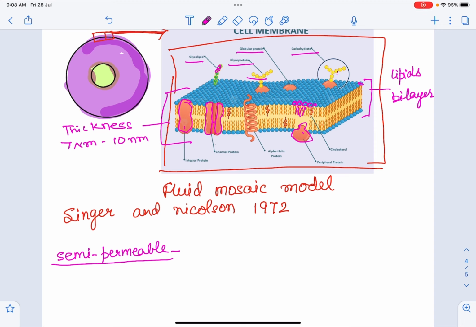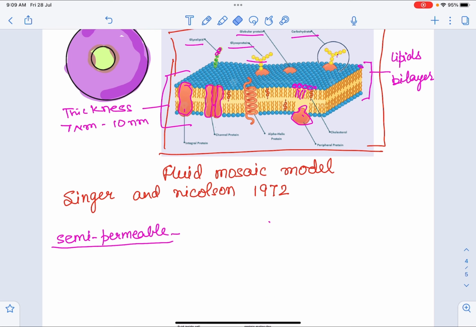Small molecules such as oxygen, carbon dioxide and water are able to pass freely across the membrane. So, it allows certain molecules like oxygen, carbon dioxide, and water to enter the cell, and larger molecules such as amino acids and sugars are regulated through these protein channels.